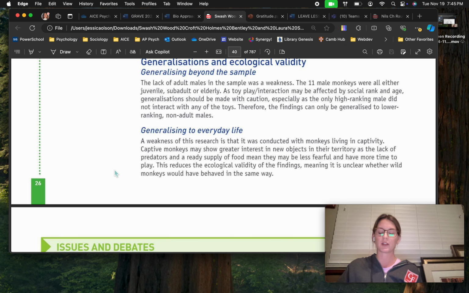We would only be able to generalize to monkeys in captivity. So there's also another weakness in the generalizability. But you could say that it has low generalizability because of the sex imbalance. You could say there was also just not a lot that we studied. 11 and 23, when we finally got to the final numbers, there were not that many.